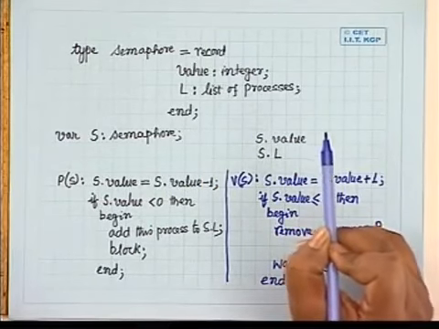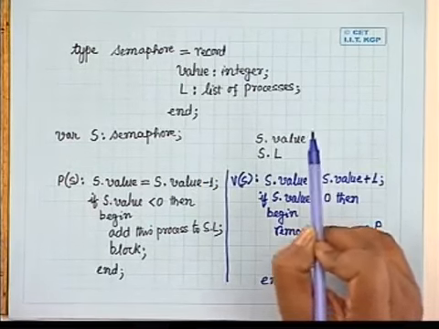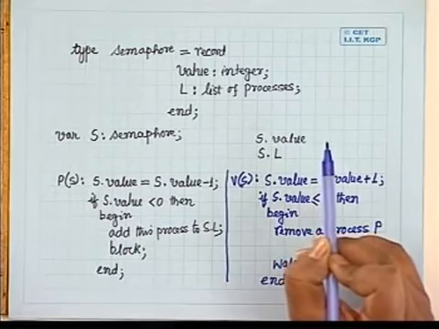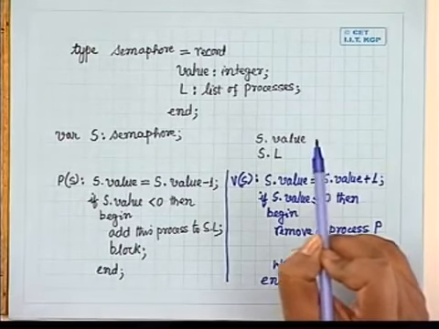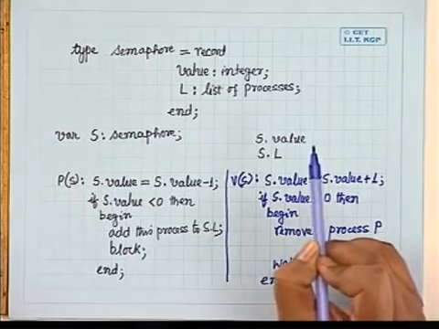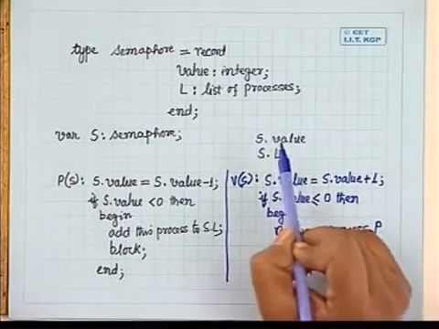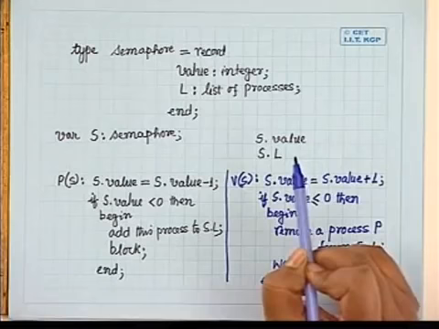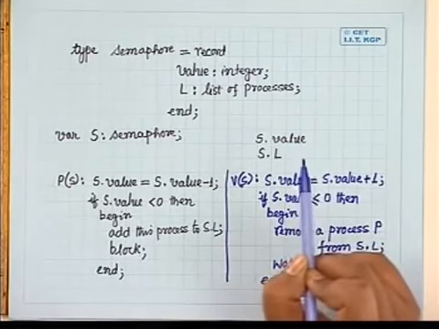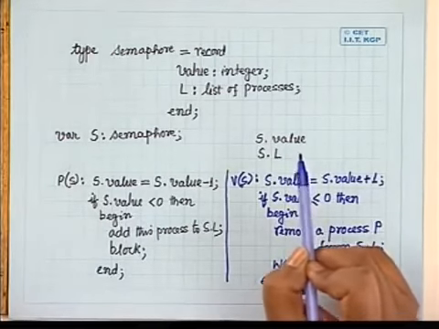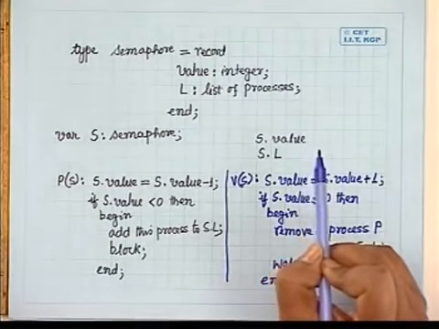Whenever a process tries to perform P operation, if it finds that the semaphore is not free, that is the value of semaphore is not greater than 0, then the process will be added to the list for that particular semaphore variable, and the process will be blocked, or go to sleep mode, so that it does not consume any CPU time.